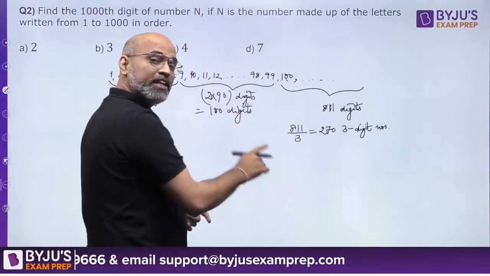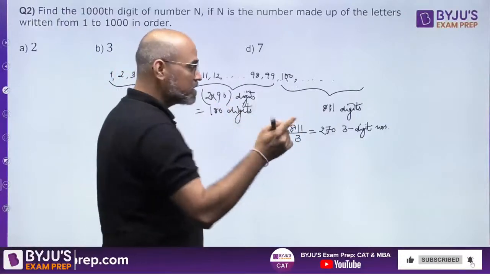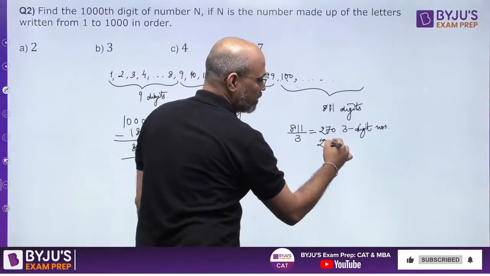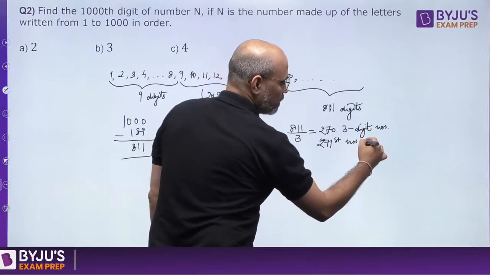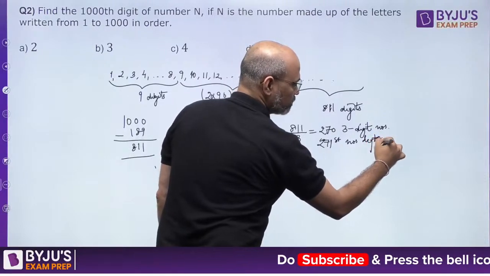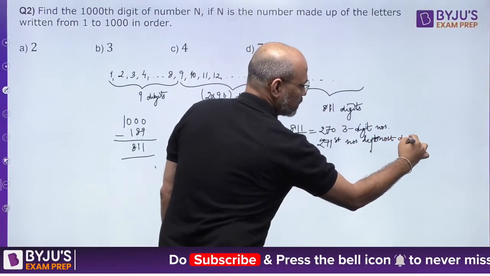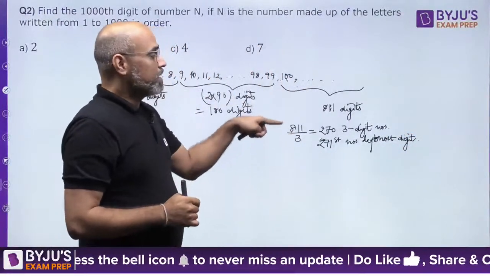And 270 into 3 is 810, right? That one is still left. That one still left means that is the 271st number, the leftmost digit. That's what one extra will mean here.